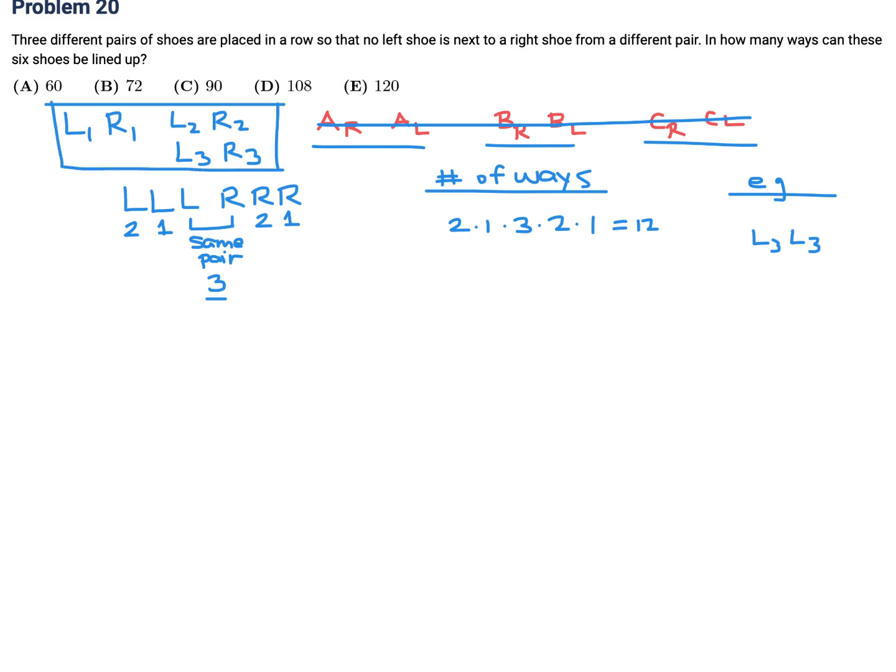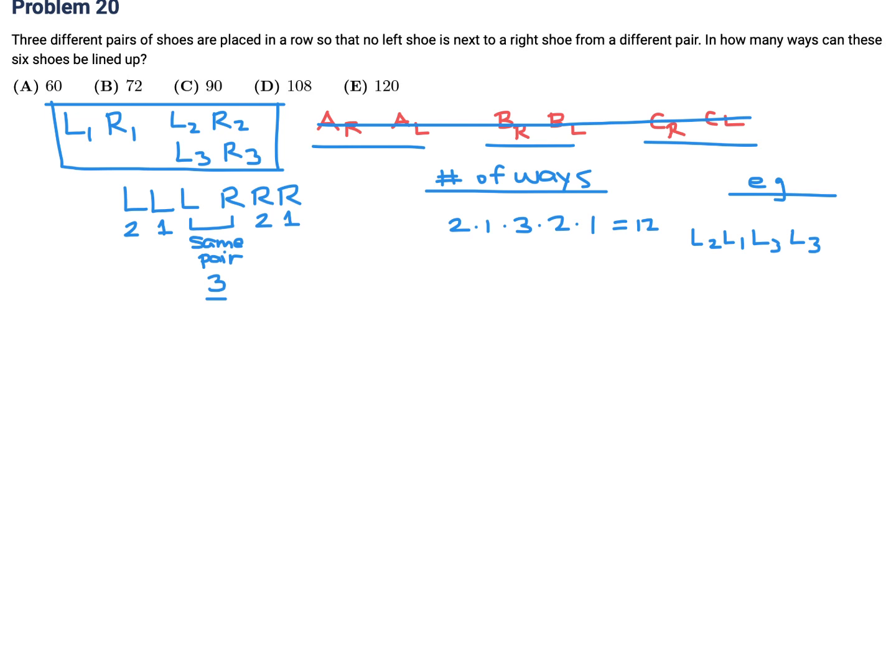It's just different ways. So you have 3 pairs. The first pair has a left and right. The second pair has a left and right. And the third pair has a left and right. So one example of this would be L3, R3 in the middle. And then on this side, L2, L1.